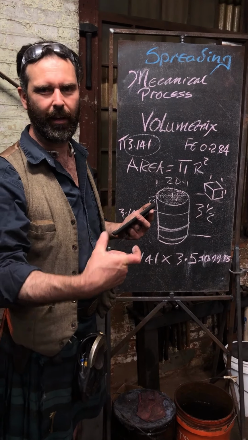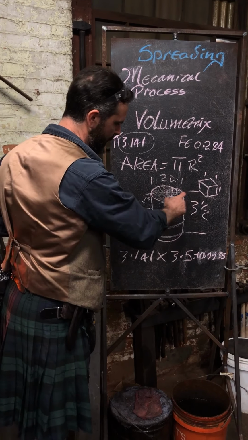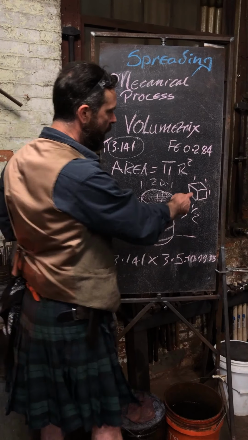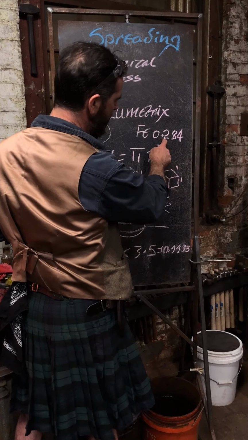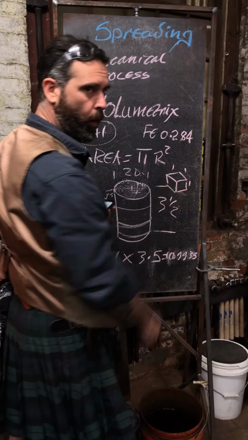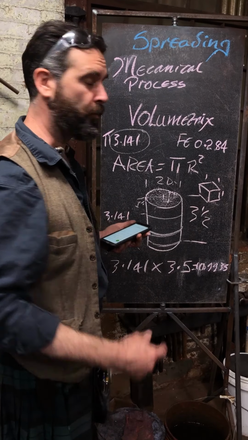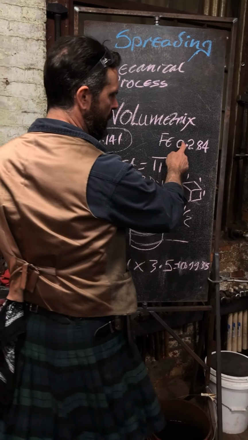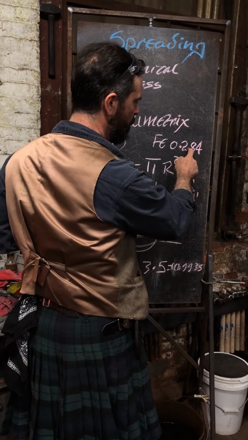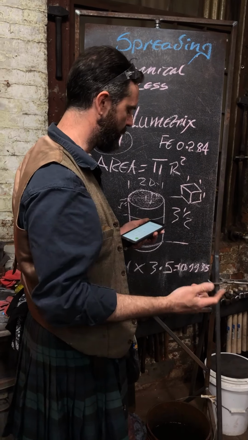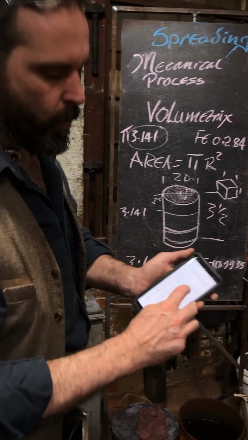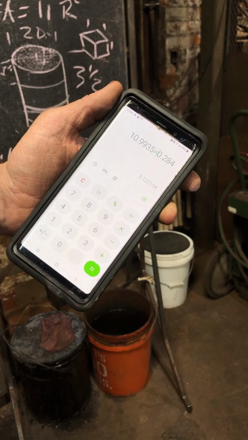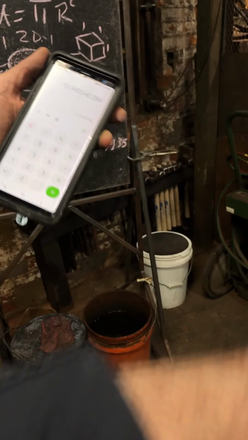And I know because it's a cylinder, it's a little weird to think of it that way, but that is give or take 11 1 by 1 cubes, and each cube weighs 0.284 pounds, right? So if we've got 10 of those, moving the decimal points, that'll give us 2.84 pounds for 10 of them, but for 11 of them, we get 3.12215, and so on.